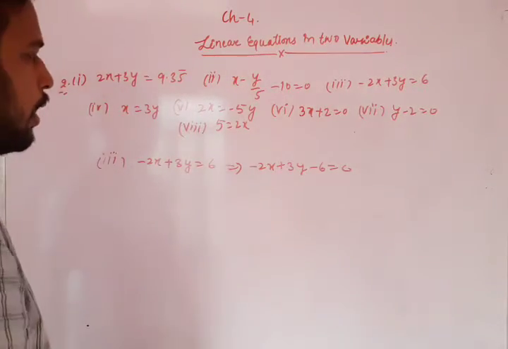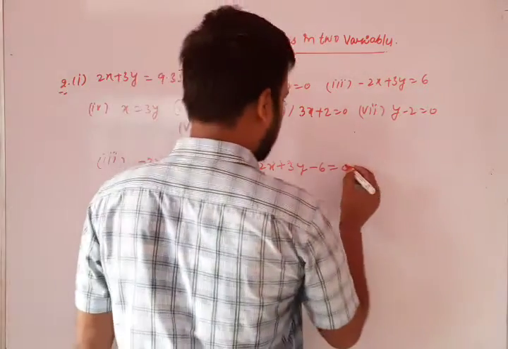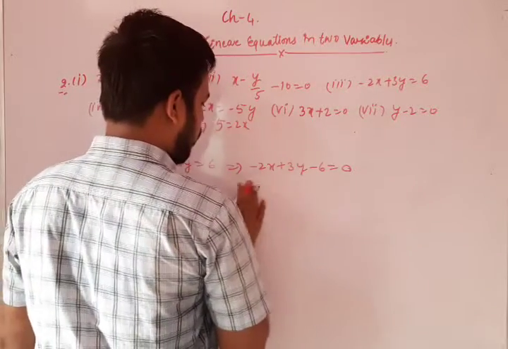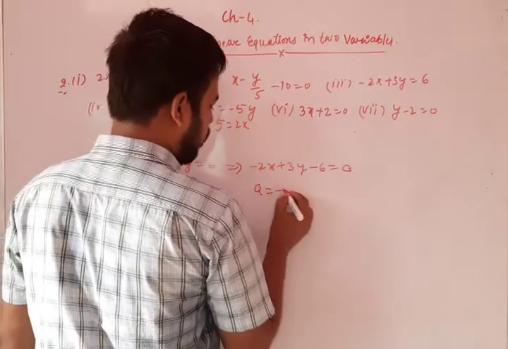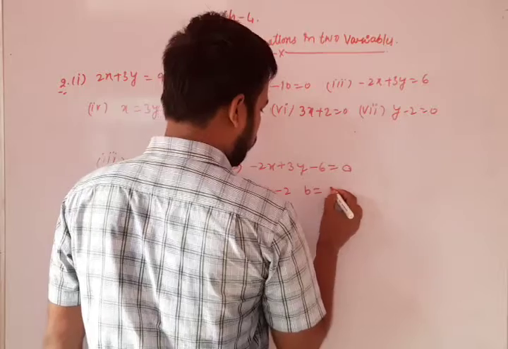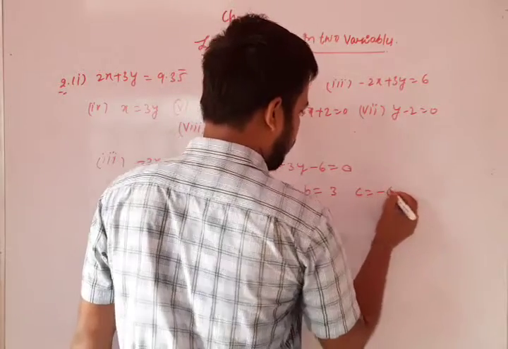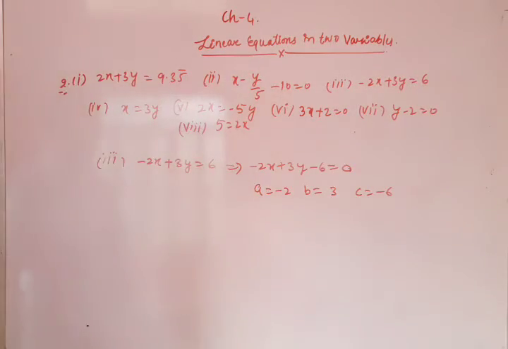When it comes to this side it will become minus 6. So here a equals minus 2, b equals 3, c equals minus 6.